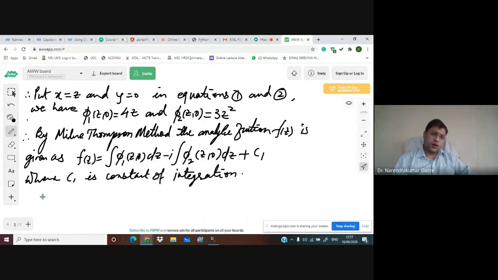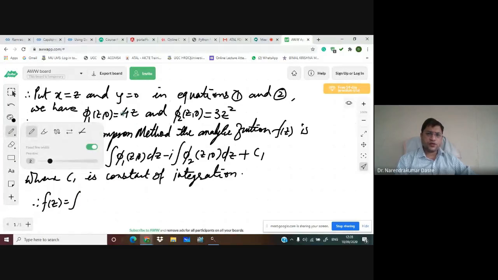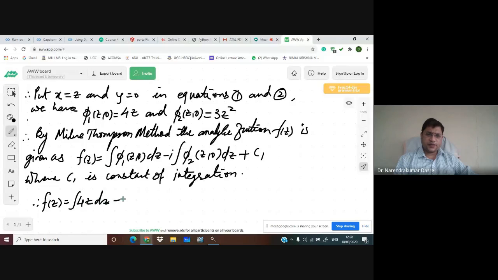Okay, now we write f of z. f of z is equal to, here we have 4z, so we have integration of 4z dz minus i integration of 3z square dz plus c1.